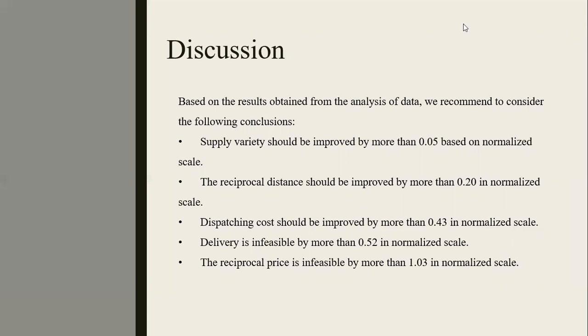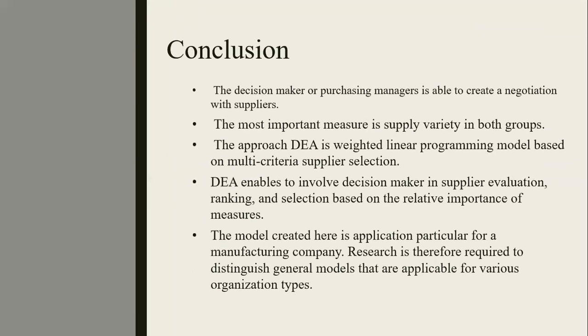Dispatching cost should be improved by more than 43% in normalized scale. Delivery and the reciprocal price are infeasible for more than 52%, 152%, and 1.03 in normalized scale.